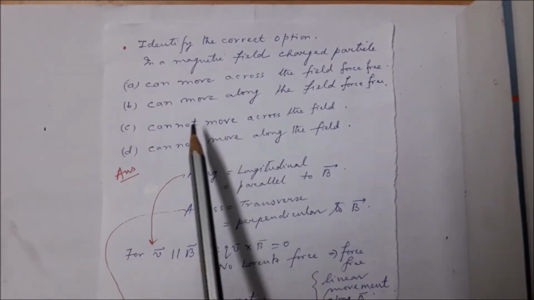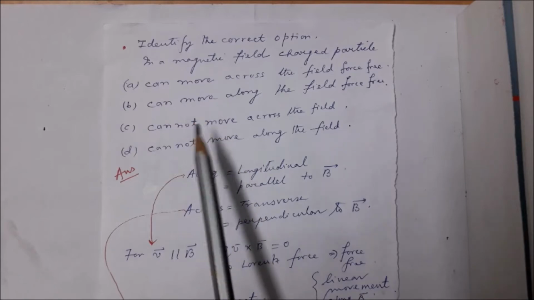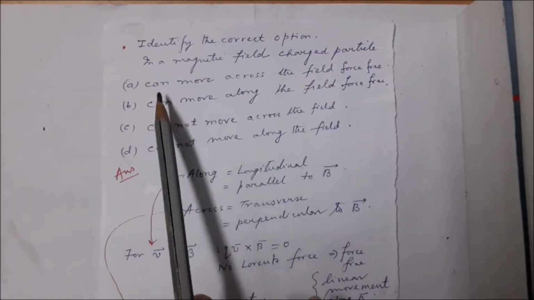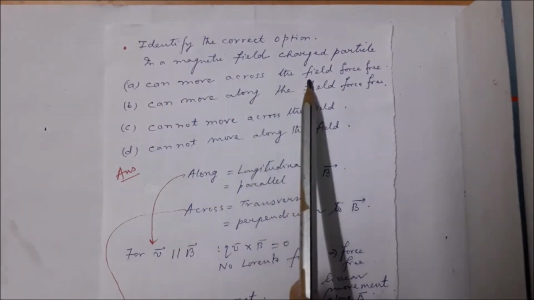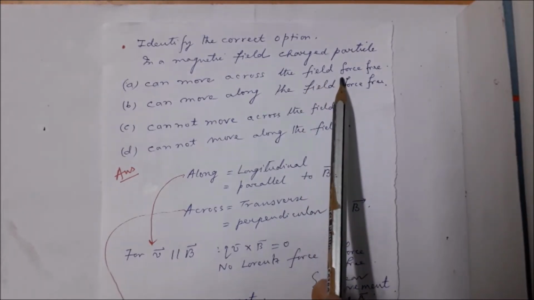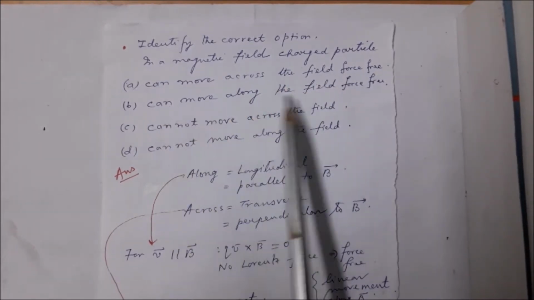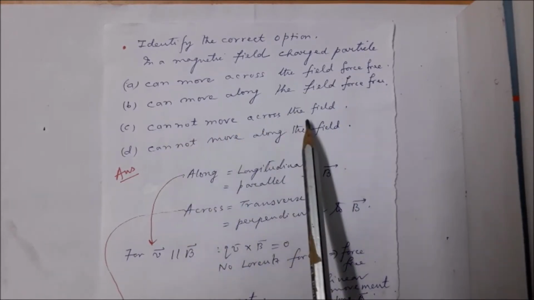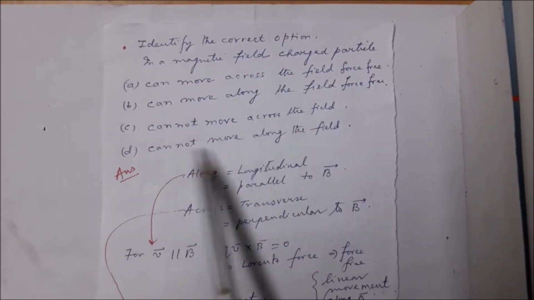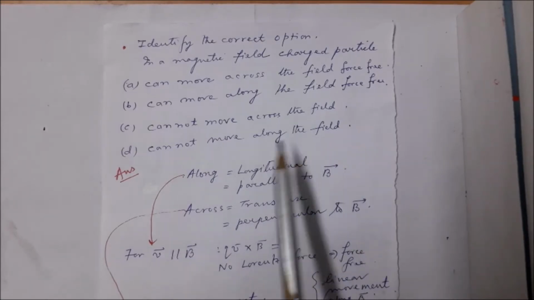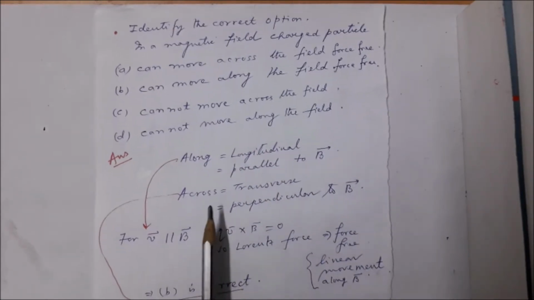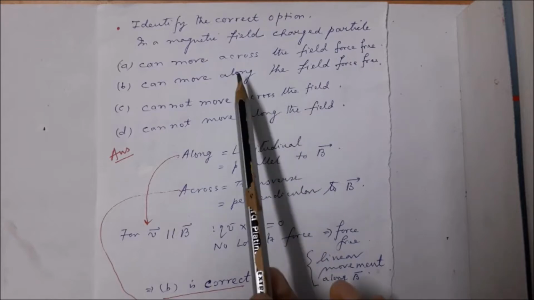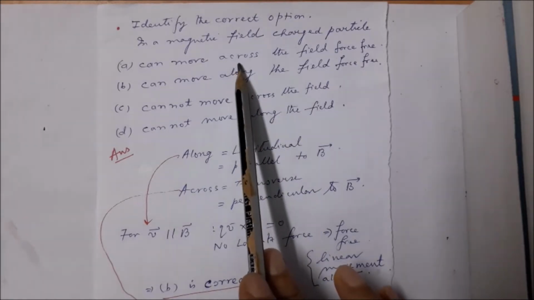The options or possibilities stated are: the charged particle can move across the field force free, can move along the field force free, cannot move across the field, cannot move along the field. So here we have to focus on the words along and across.